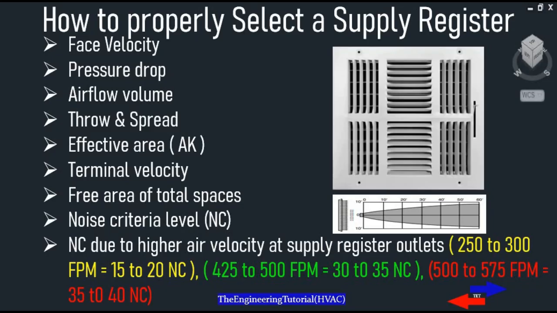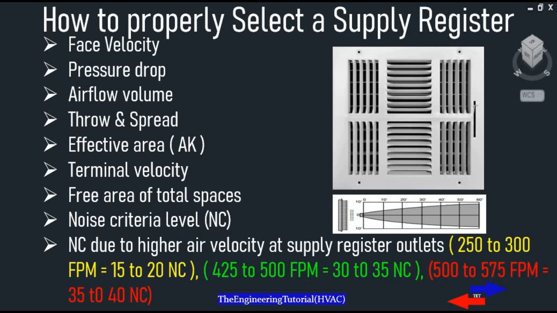For example, if the face velocity of 250 FPM increases to 300 FPM, the NC level will go up from 15 to 20.